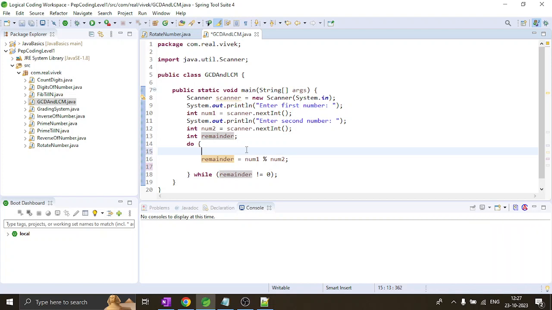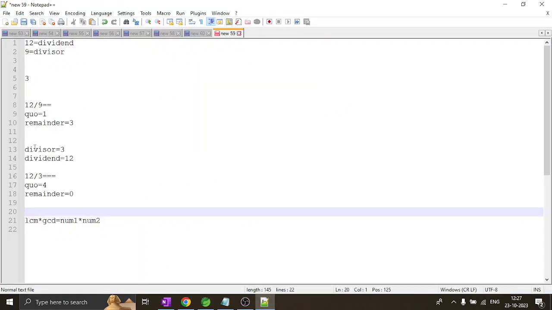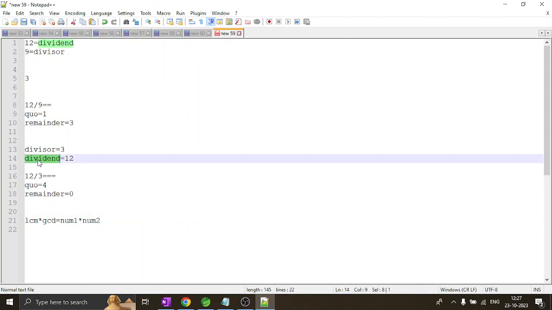And what do we do after that? Then we have to do num1 is equal to num2. num1 is basically the dividend that we have discussed here, right?